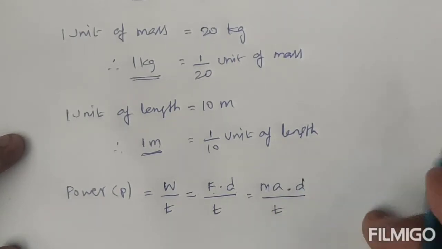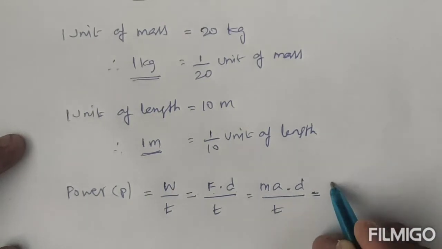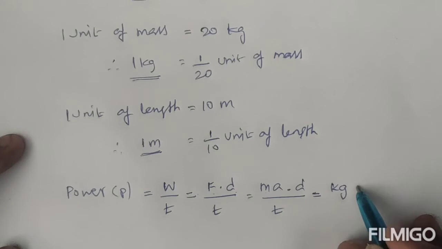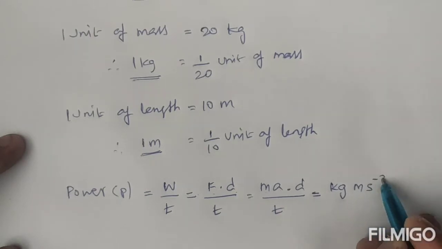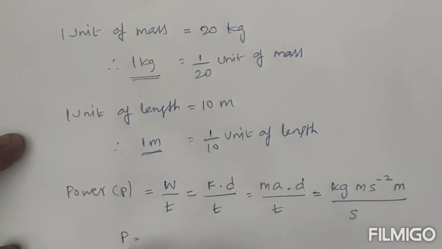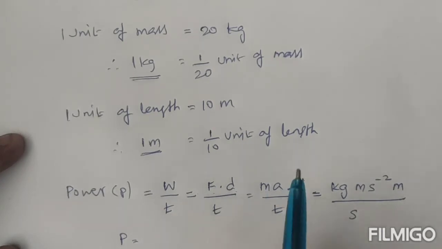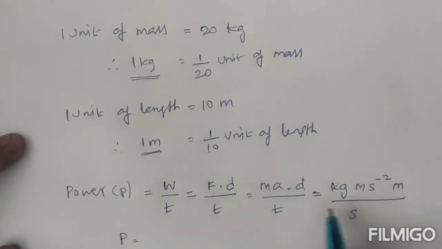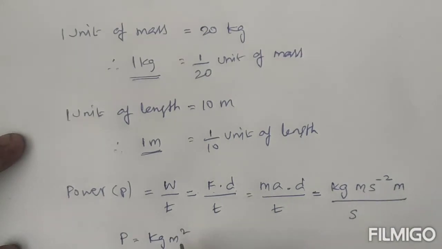So now we can convert into the relevant SI units. Mass unit is kilogram. Acceleration unit is meter per second squared. Displacement unit is meter. Divided by time, unit is second. So again we can write the power unit in terms of kilogram, meter and second: kilogram, meter into meter, meter square, per second square, then divided by second.